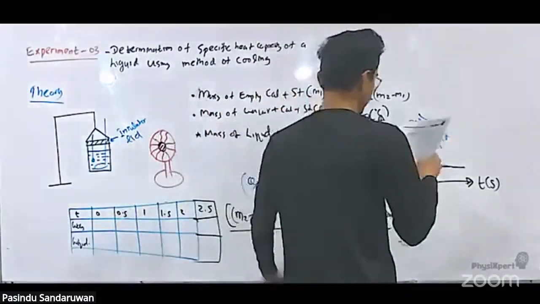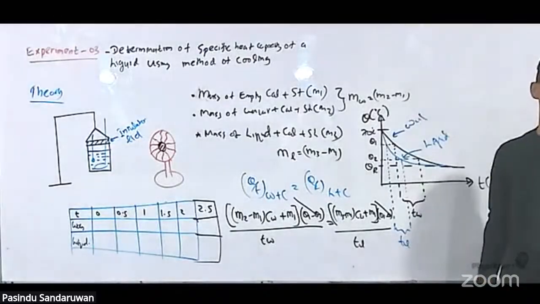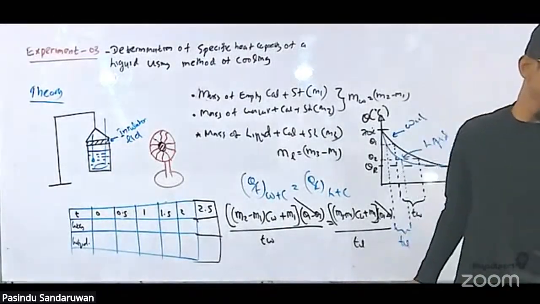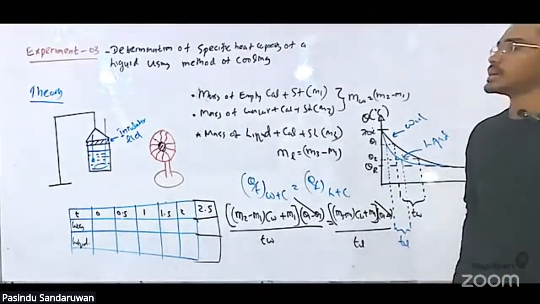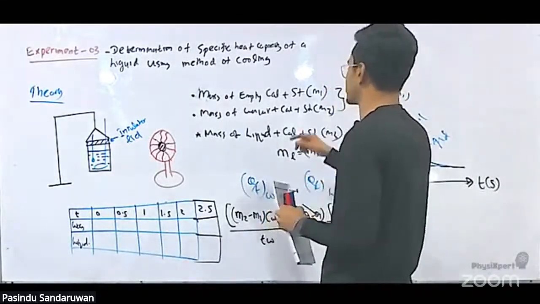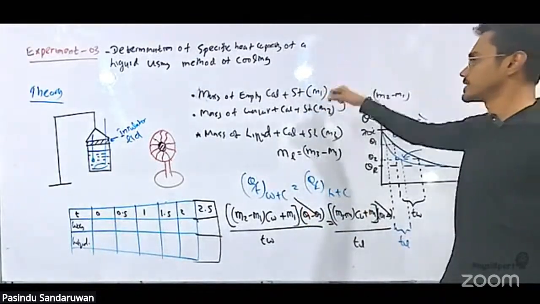First one, mass of empty calorimeter with stirrer, within brackets M1.